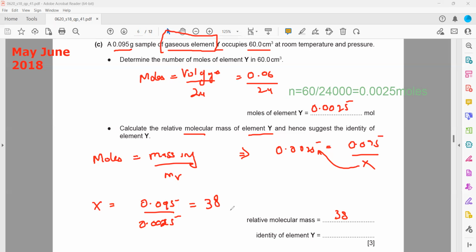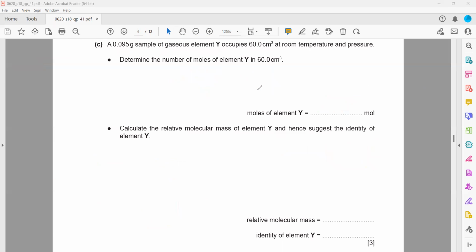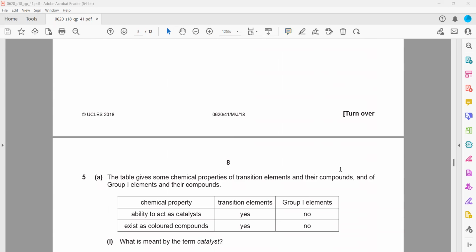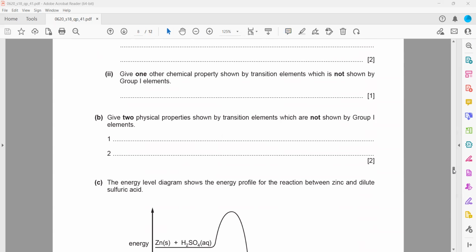So this 38 is the mass of the molecule. What will the mass of the element be? 38 divided by 2, which is 19. Then you have to use the periodic table and find which element has a mass of 19.